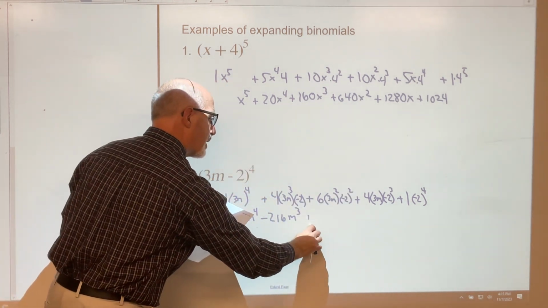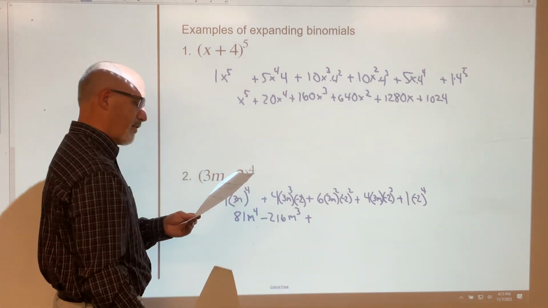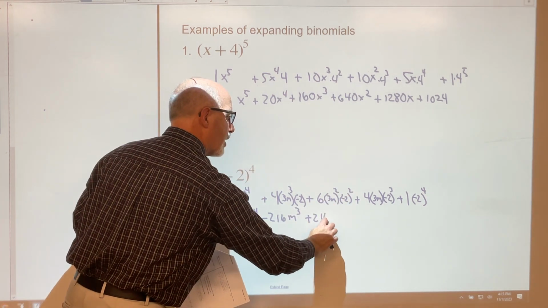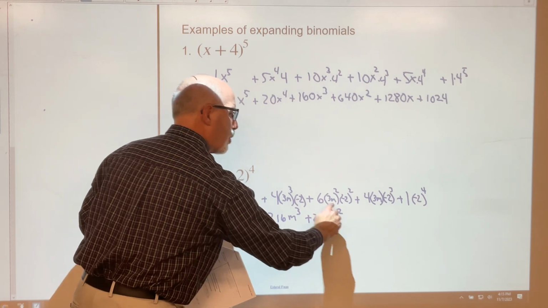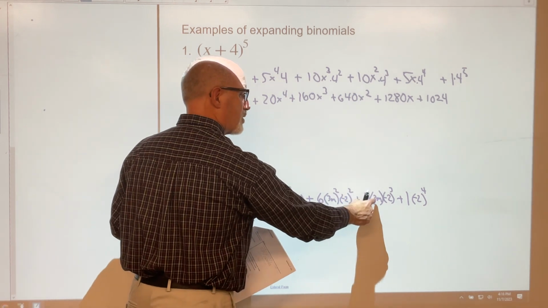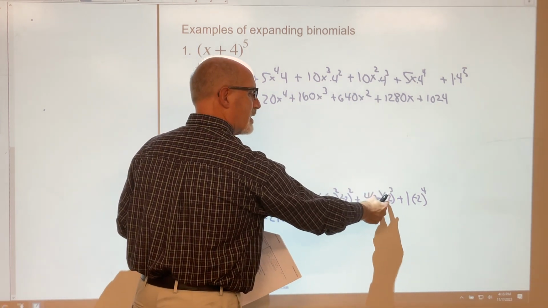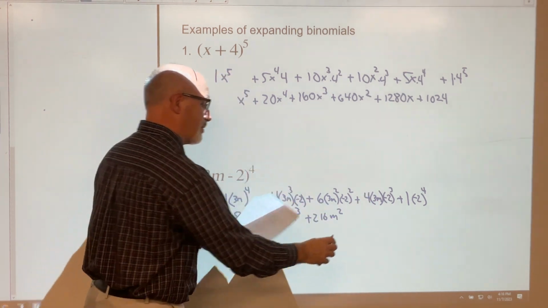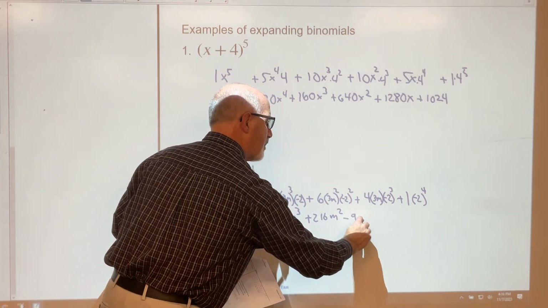So it's going to end up being addition because the square of a negative will turn into a positive. That's 216 as well, m squared for that term. And then we're going to do here 4 times 3 times negative 2 cubed. The negative 2 cubed is negative 8 times 3 times 4. That gives me negative 96m.